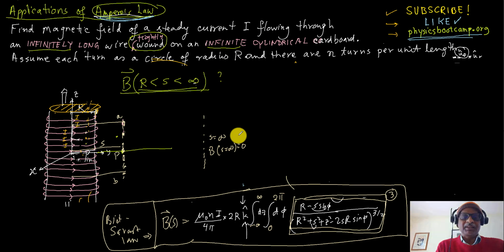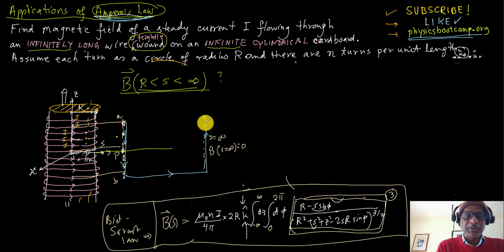So now I can apply Ampere's law in a loop. The B is going this way, so I just go along the B and I go this way, and then I go this way. So this is a mathematical loop in space, and let's say this B distance L, okay?